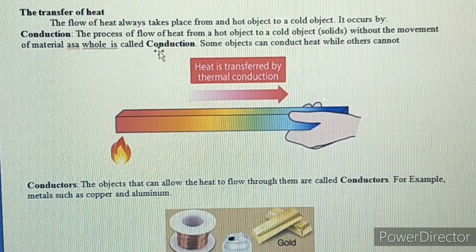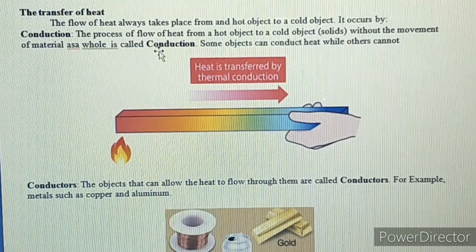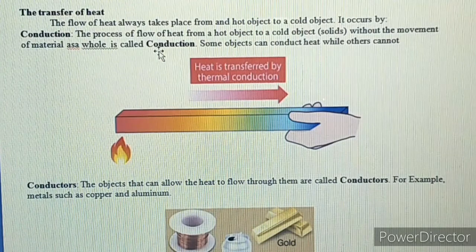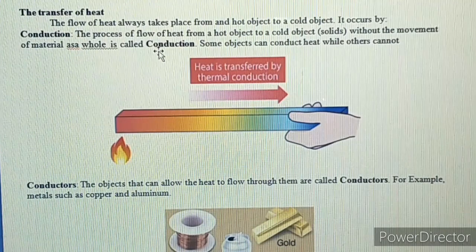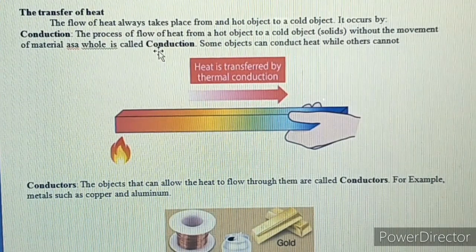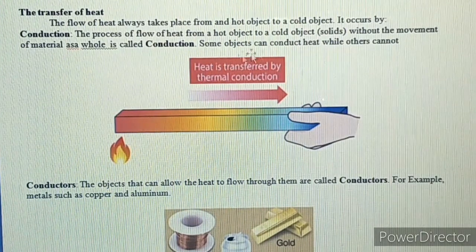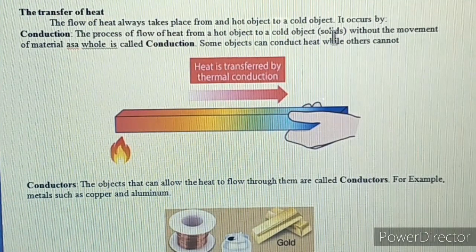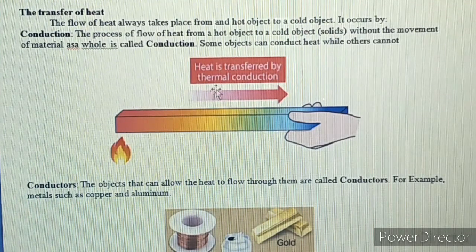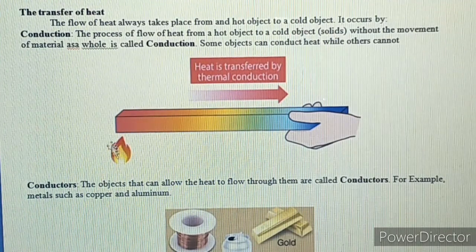Due to that, the other particles of the solid start vibrating, and this way the heat flows from the hotter side to the colder side. And this flow of heat from a hotter object to a colder object in solids is called conduction.